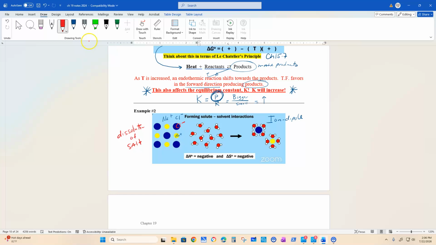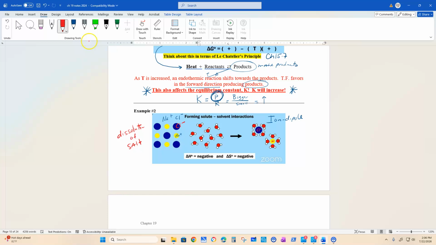So notice when they come together, my chlorine is attracted to the hydrogens, and they didn't draw the little dotted lines, but remember you would have these little dotted lines with each hydrogen, just one hydrogen on each water molecule. And then I get my Na plus, and my sodium is attracted to the oxygens, and that's why we call it ion dipole.